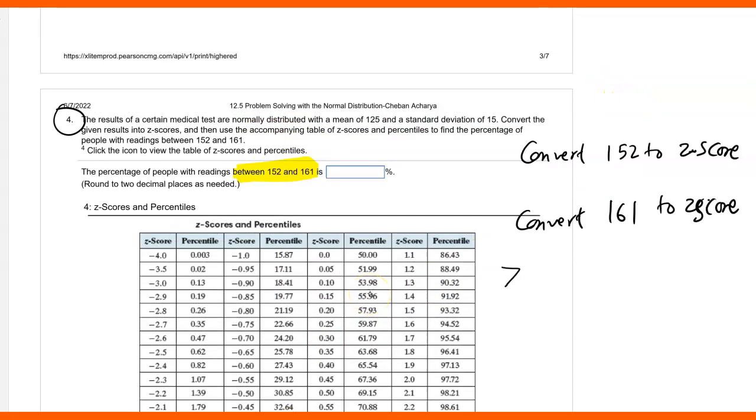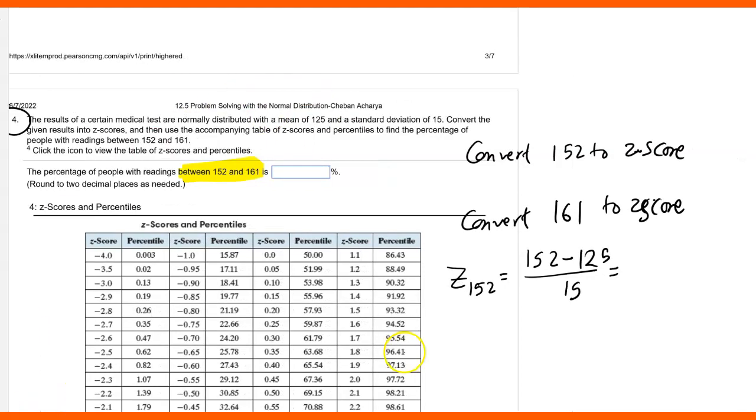What's the z-score of 152? The formula we did before: 152 minus the mean, 125, divided by 15. Let's do the math here. 152 minus 125, I'm sorry, this is 27, divided by 15, which gives you 1.8.